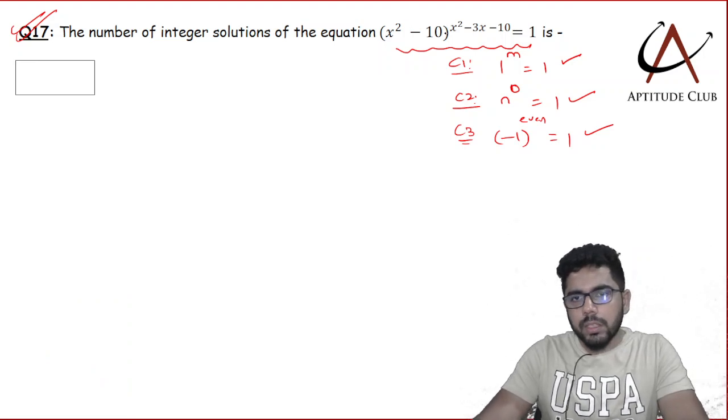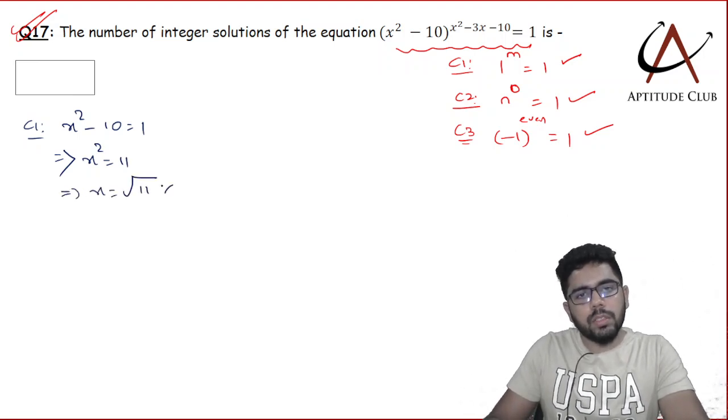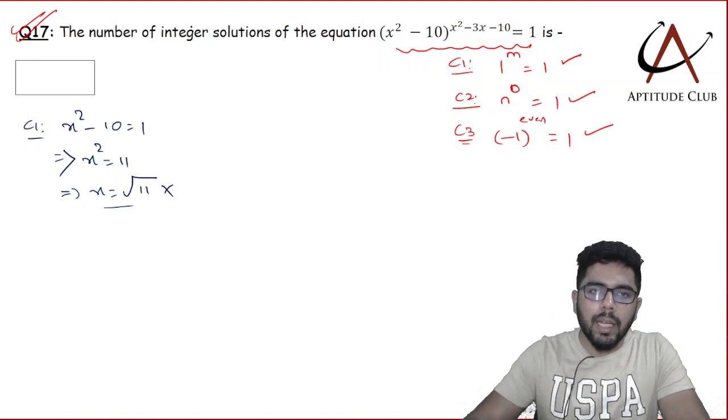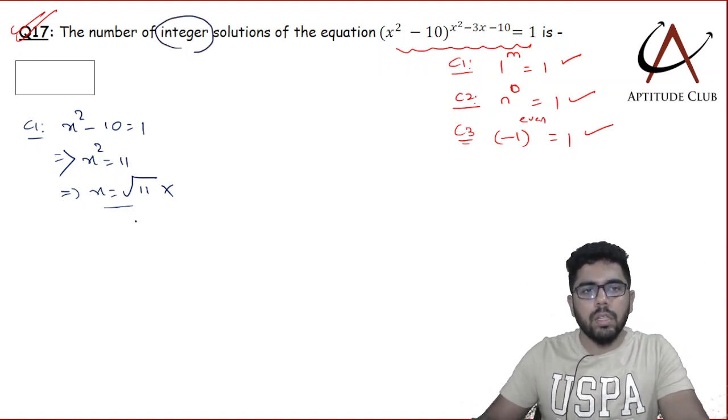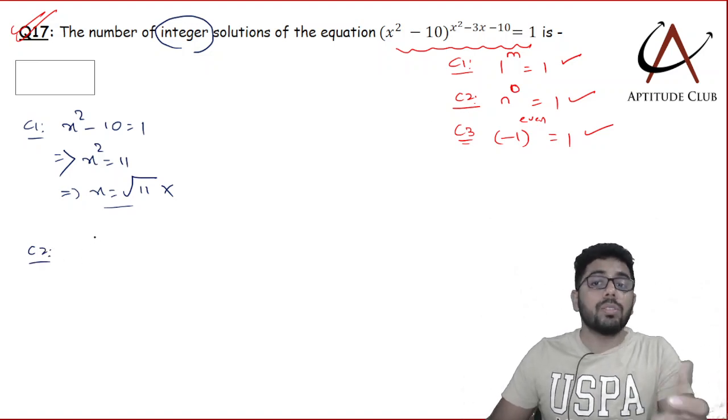So x square minus 10 to the power this thing is 1. In case 1, I can take my base as 1, but in that case x square is equal to 11, or x is equal to square root of 11, which is not possible because I have to find integer solutions. So case 1 is invalid. If I go with case 2, anything to the power 0, that means the power has to be 0.